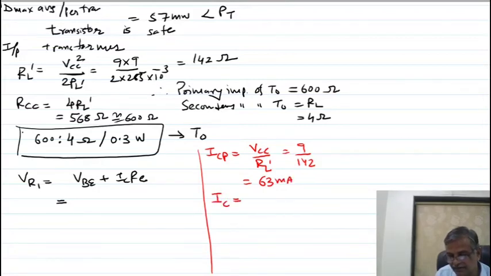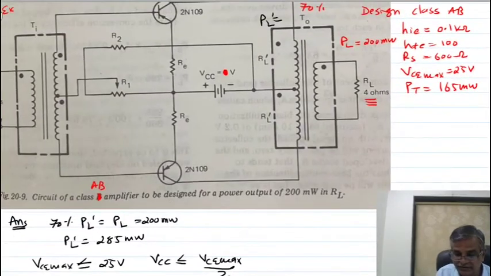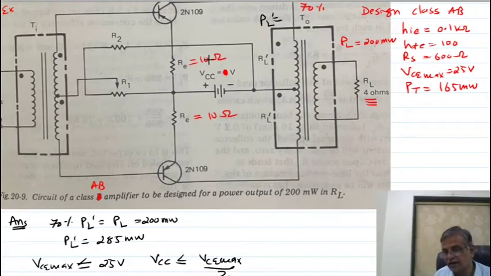The DC component of the current is IC peak upon pi. So you can get this is nearly about 20 milliampere, and RE is 10 ohm.